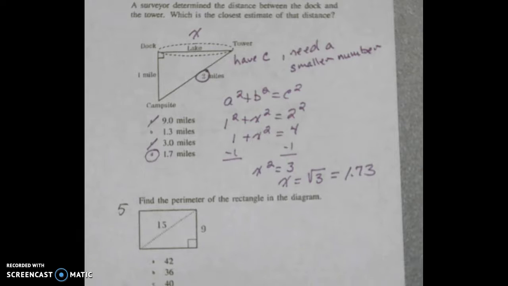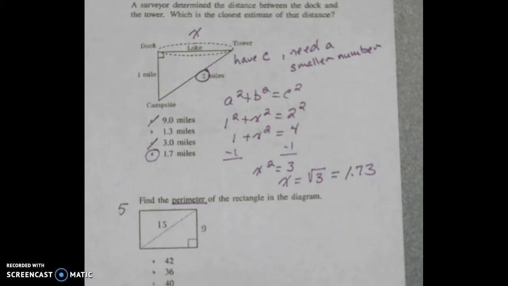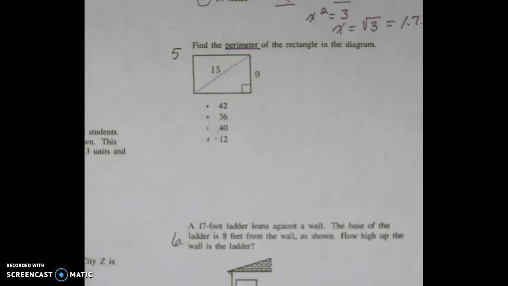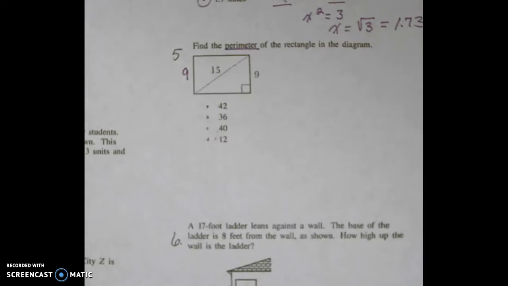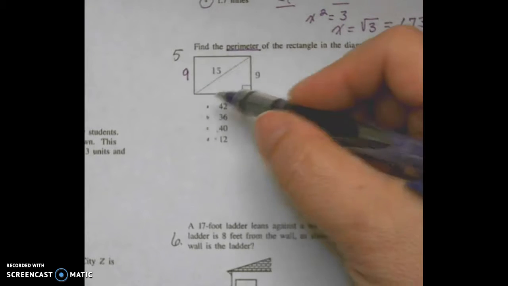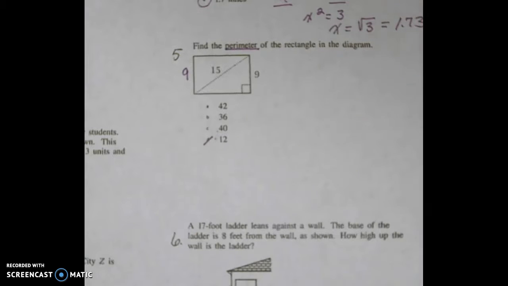If I look at question number 5, it's a little bit different in that they want me to find the perimeter of the rectangle. So I'm trying to add all the outside edges of my rectangle together. I know if I have a 9 on one side of the rectangle, I have a 9 on the other side of the rectangle. So already I know I have a 9 plus 9. I'm going to get a number that's bigger than 12. So don't use that as a response to the question.